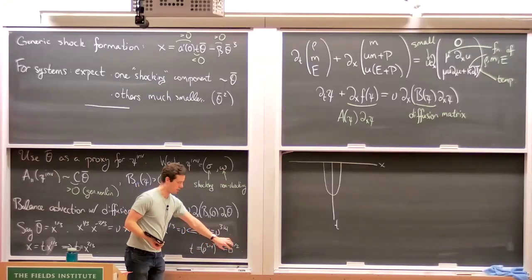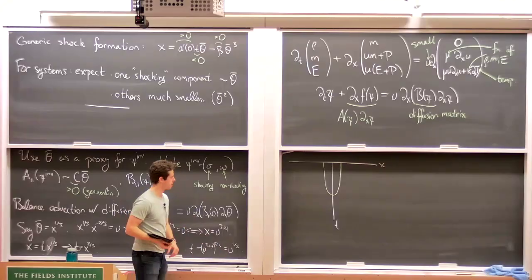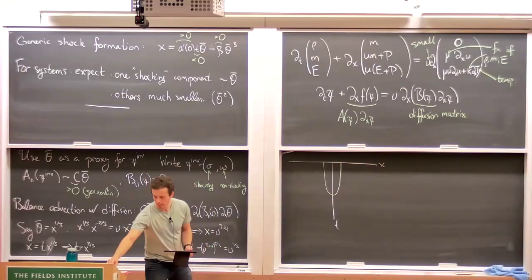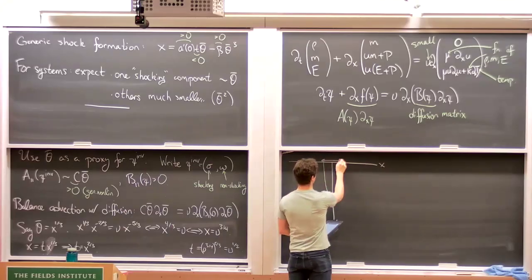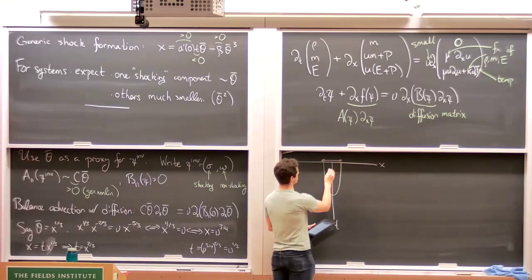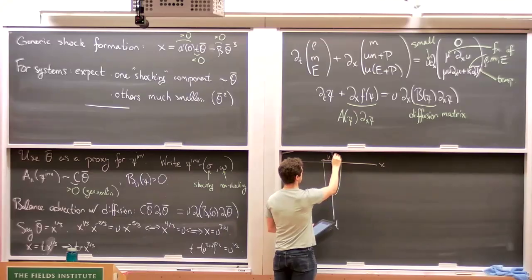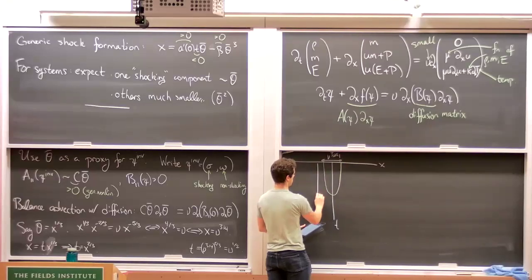So a smaller exponent actually means a bigger number, something to bear in mind. So the scale here, I've zoomed way in so that the spatial scale is nu to the 3/4, and the temporal scale is nu to the 1/2.